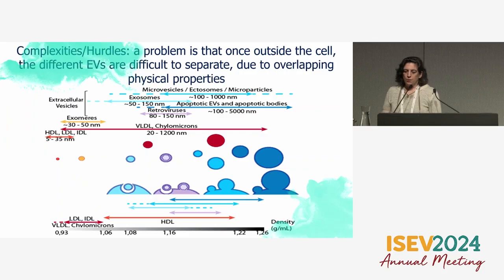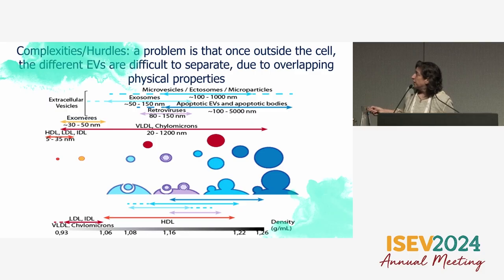So now, when you isolate EVs, if you want to say that you isolate exosomes or ectosomes or a specific subtype of biogenetically secreted EV, the problem is that once they're outside the cell, the different EVs have really overlapping physical properties.